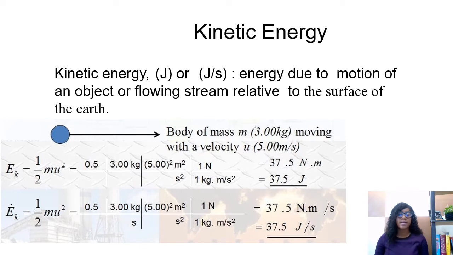If we just calculate it directly, we'll find that our units are in Newton meter. However, we want to have our energy units, which is in joules, so we compensate for that by using the conversion factor, where 1 Newton is equal to 1 kilogram meter per second squared.